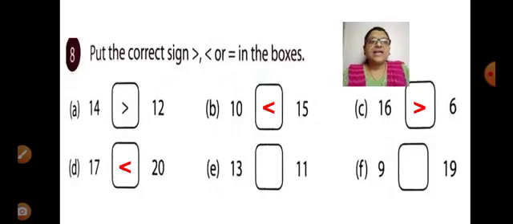Yes. Next, number 13, number 11. Here, number 13 is more than number 11. Next, number 9 and number 19. Here, number 9 is less than number 19, as number 9 is a 1-digit number and number 19 is a 2-digit number. Yes. Let us move to the next question.